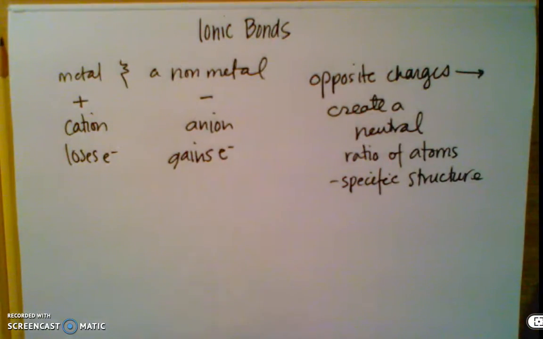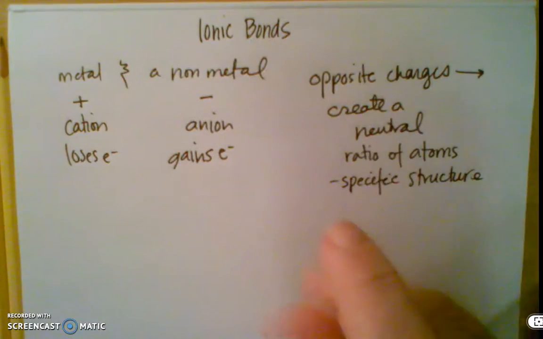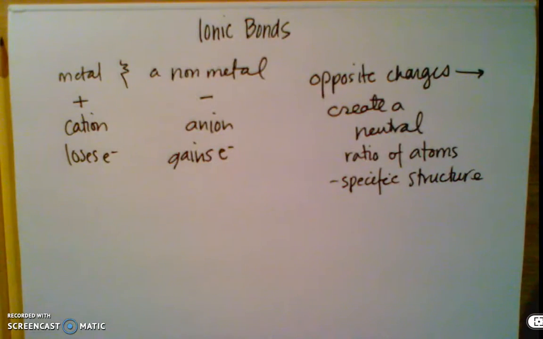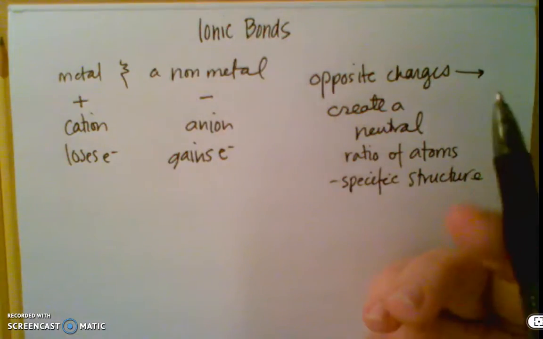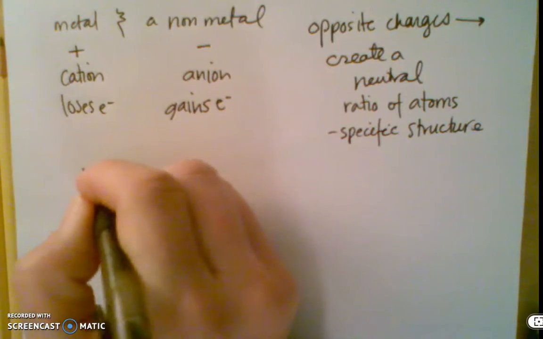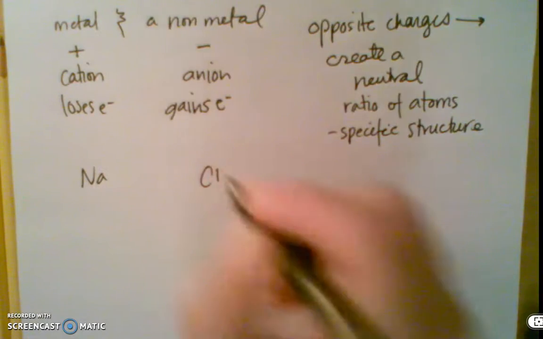Ionic bonds do not create their own individual little compounds similar to covalent bonds, but they would have a particular ratio, such as if we looked at sodium and chlorine.